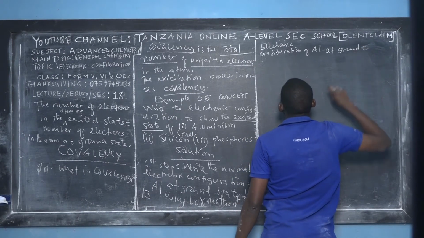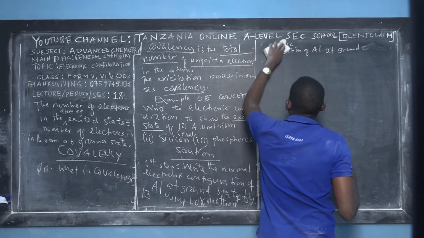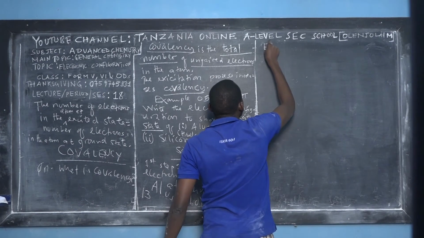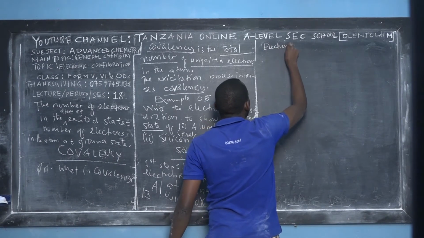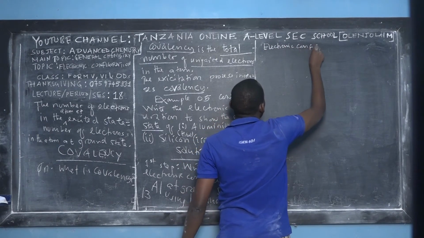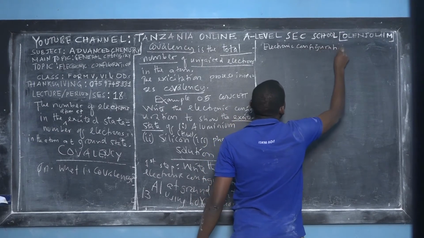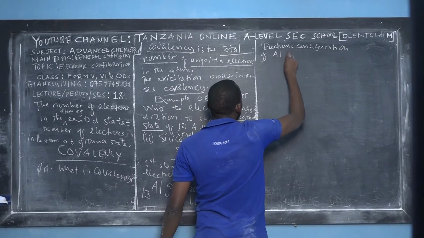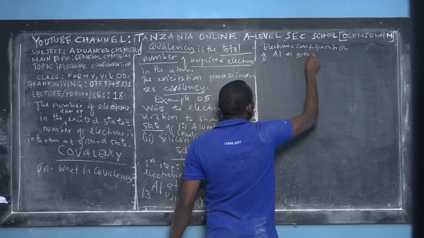So you know that we need two lines: electronic configuration of aluminium at ground state.